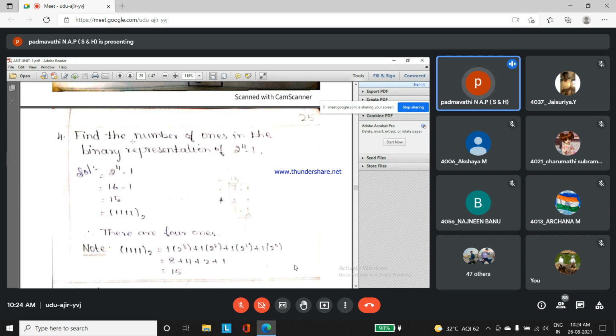What's the question? Find the number of ones in the binary representation. Binary representation is base 2, so it is divided by 2.